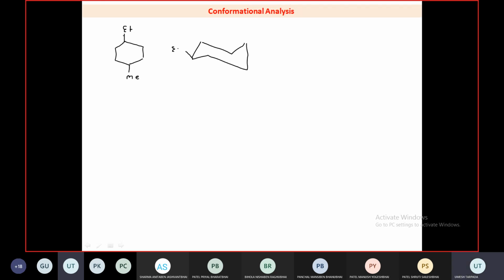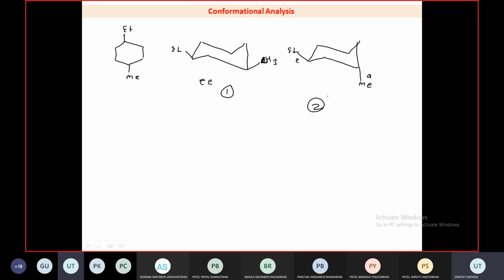So one is where both the groups are at equatorial. Second, ethyl is equatorial, methyl is axial.